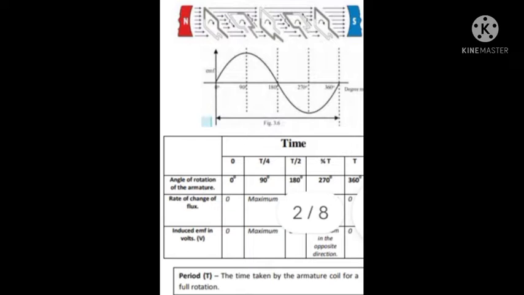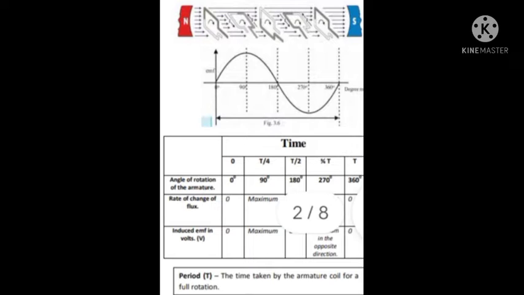In this table, we can see T, 3 by 4 T, T by 2, T by 4, which are the periods of time. At T by 4, the angle is 90 degrees. At an angle of rotation of 0 degrees, the rate of change of flux and induced EMF is 0.